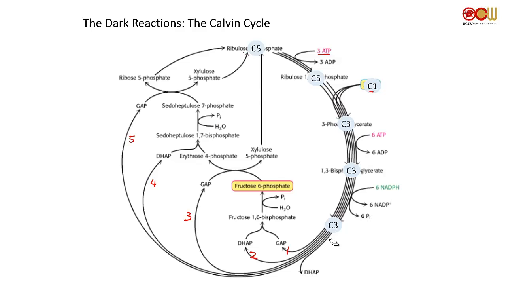So basically, you converted 3 CO2 into 1 G3P. So we have C3, and then you have to recycle 5 of the C3 into 3 C5s. So you want to convert 5 C3 to 3 C5s.